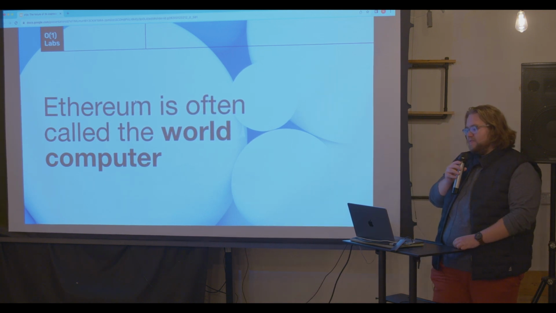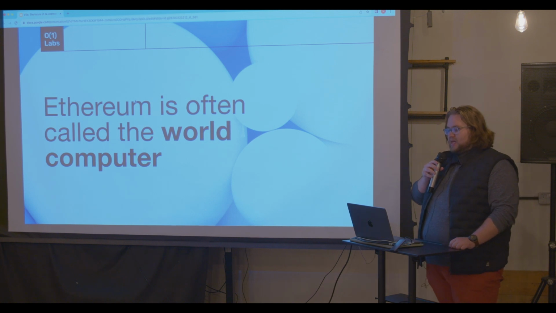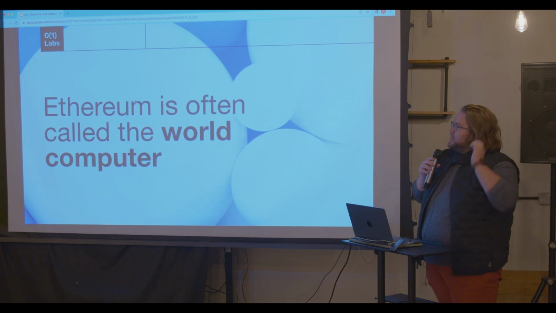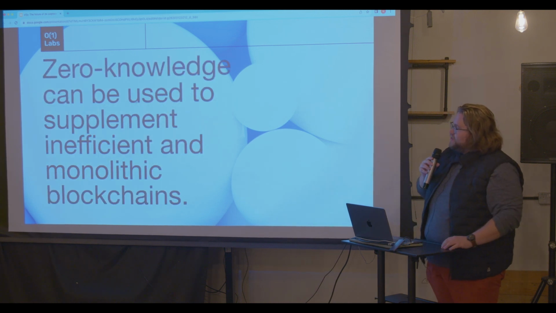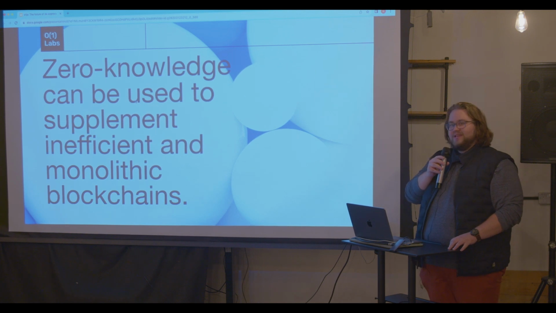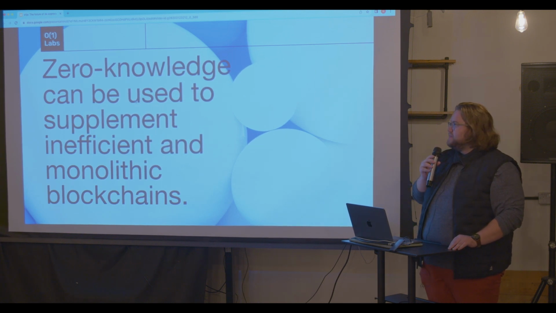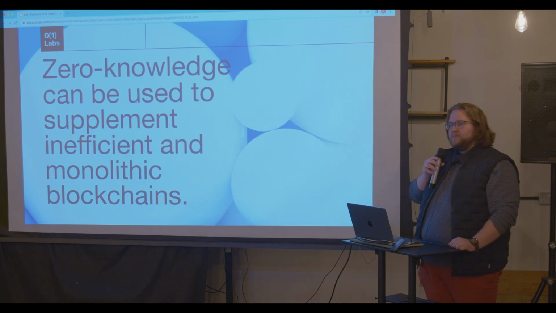And interestingly, with the EVM, the ZK EVM, and everything people are building, the ZK EVM could be considered a processor. However, this big processor is relatively inefficient. It's very big, monolithic. If you want to do a very basic transaction on it, like swap some tokens on the DEX, it will be insanely expensive just because it's a big, inefficient system.